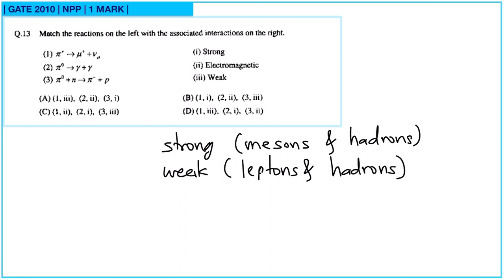So if leptons are involved, it will be weak, and if they are not involved, then it will be a strong interaction. Now here we have pi meson converting into gamma gamma, so that means it is electromagnetic. So 2 to 2, and then this first one, here we have neutron present, so that means it will be weak. So this is weak and this will be strong. So options are 3, 2, 1. So option A is correct.